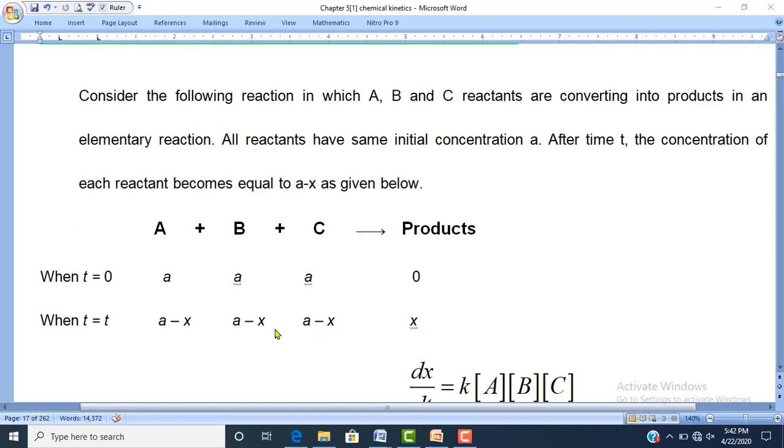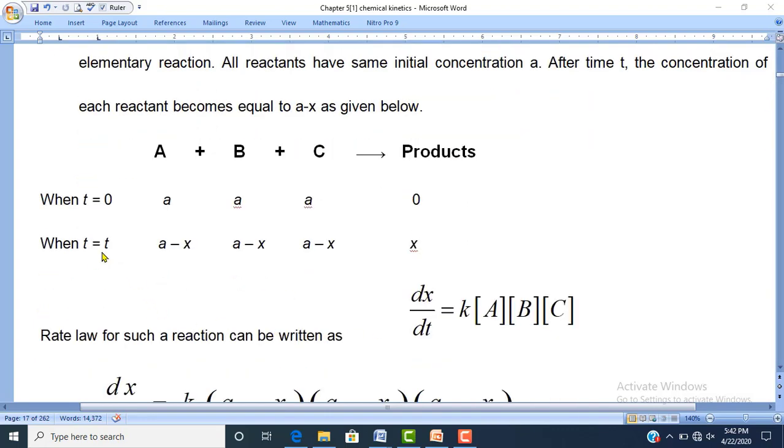But when some time has passed, after few seconds, after few minutes, after few hours, when time is equal to t second, what happened? Then x mole of the products have been produced.